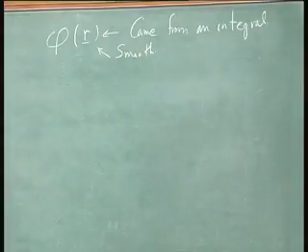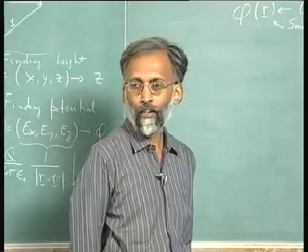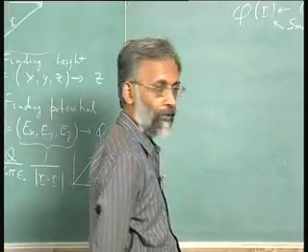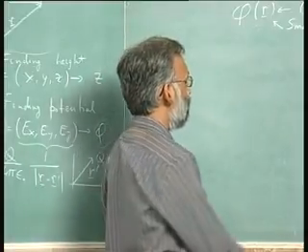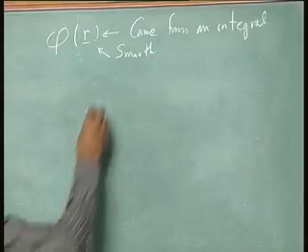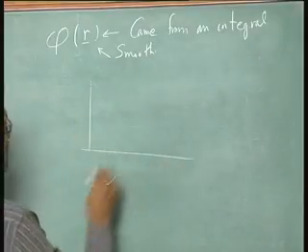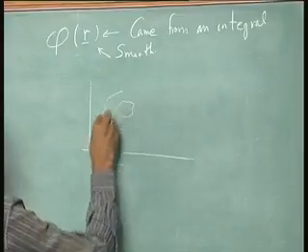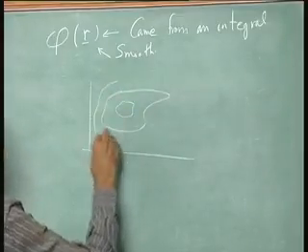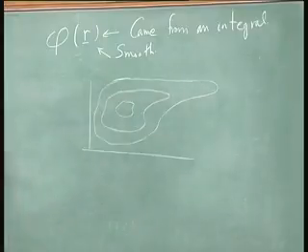Now, what does that mean? It means that phi is like temperature, phi is like the height of a mountain. I can draw contours of phi. So, if I work only in x and y, I can draw contours.